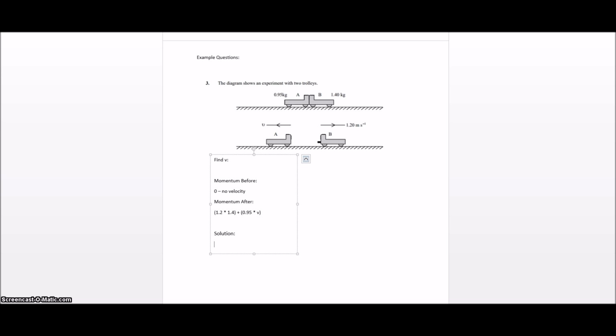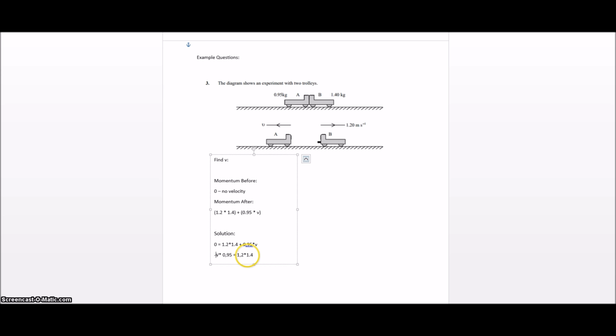Now we know the momentum before has to be equal to the momentum after. So 0 equals 1.2 times 1.4 plus 0.95 times v. And therefore we can just do some simple algebra on this, and we get v times 0.95 equals 1.2 times 1.4.